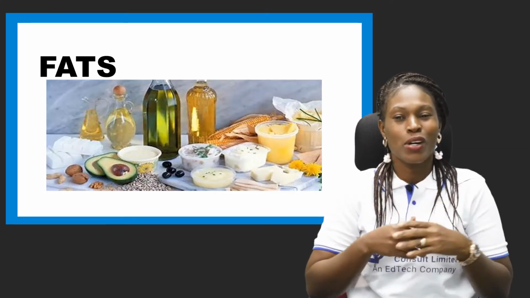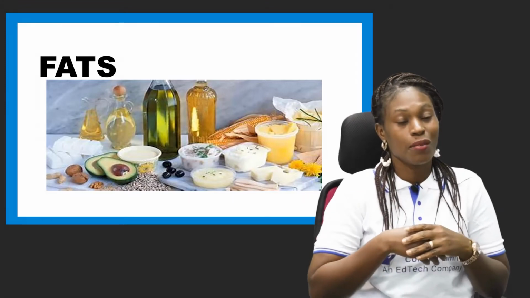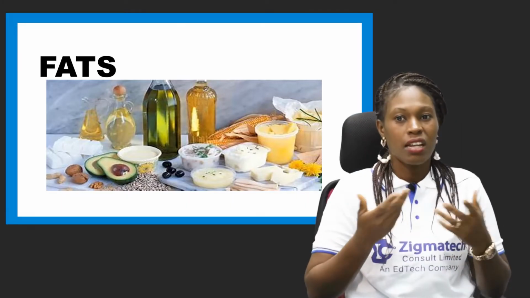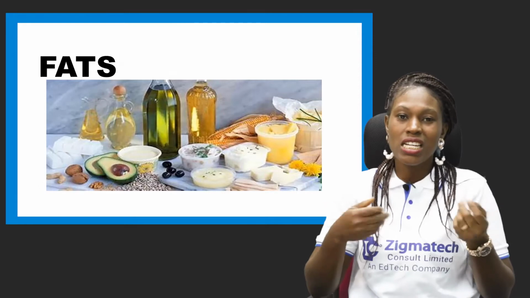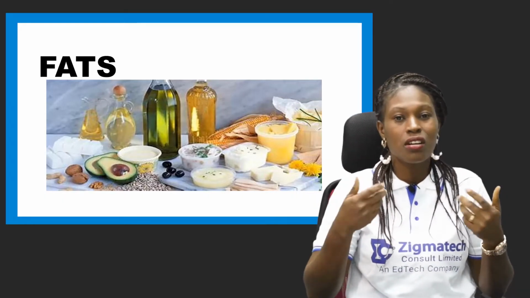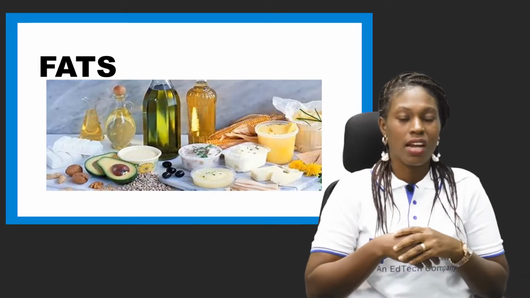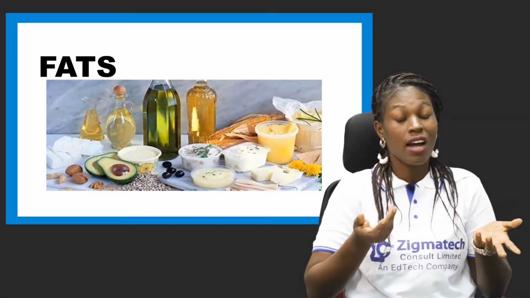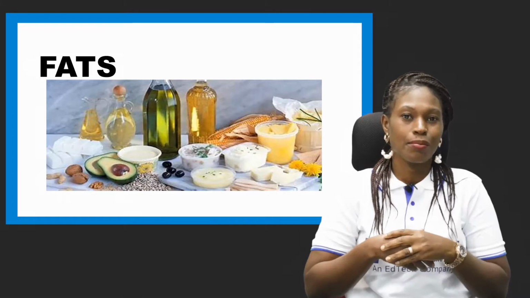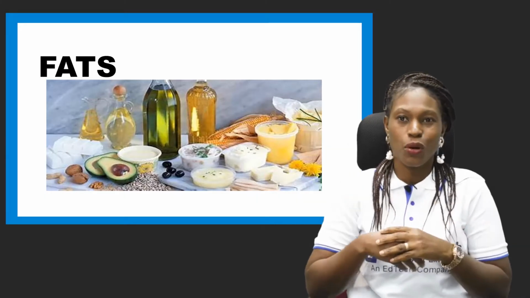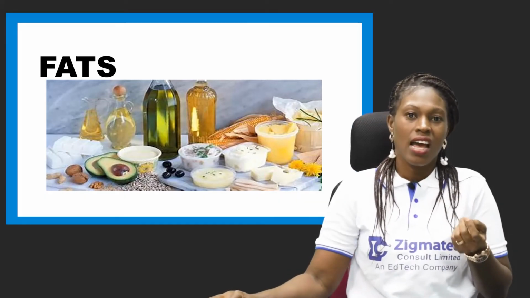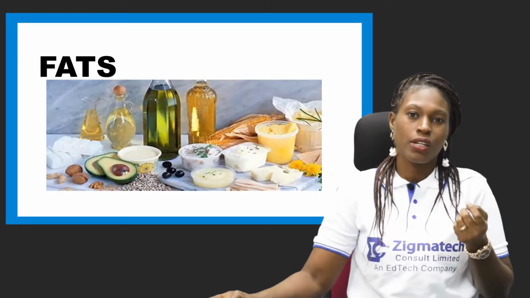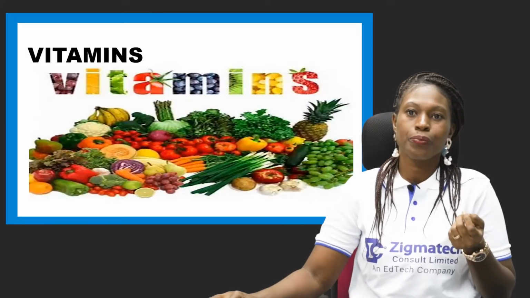So you need to balance them. You can find them in fatty foods, our cheese, our oil, butter, margarine. We find them there, and in some of our legumes as well. And we have water-soluble fats and oil-soluble fats as well. So these fats are needed in our bodies too for growth.